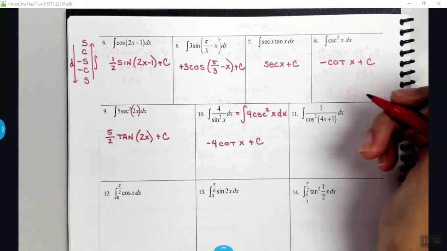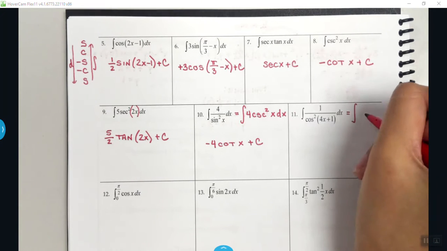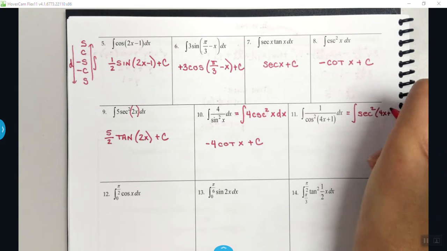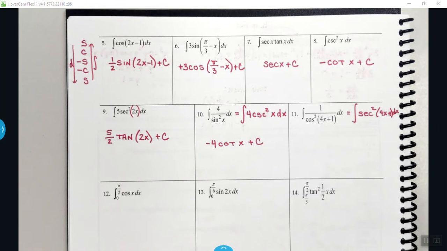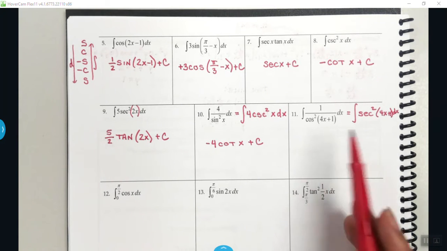Can I redo 11 too? Yeah. That becomes secant squared of 4x plus 1. Okay. That's a linear function, 4x plus 1. So what can I divide by? 1/4.